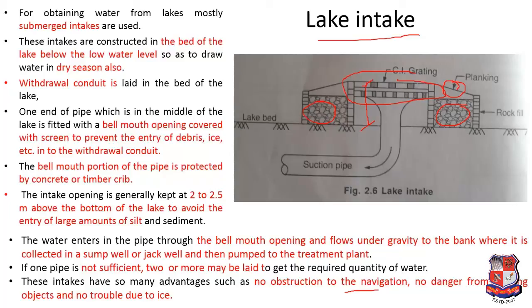If one pipe is not sufficient, because it directly supplies water to the suction pipe and further to the pumping system, one or more such structures can be created below water level to get the required quantity of water.